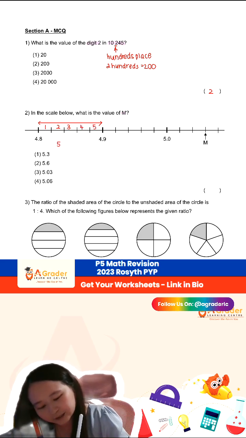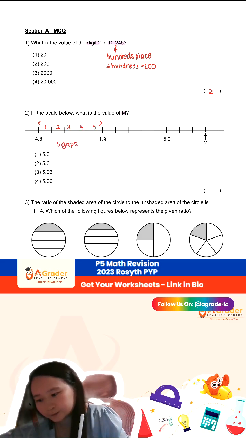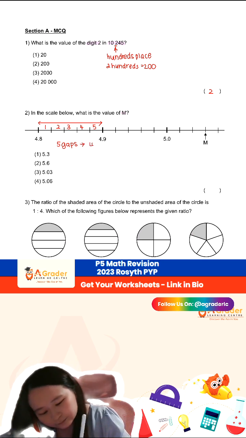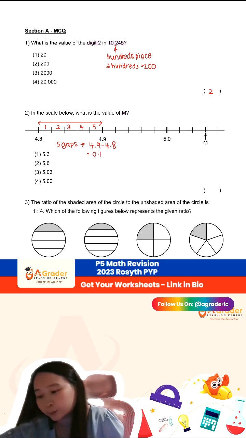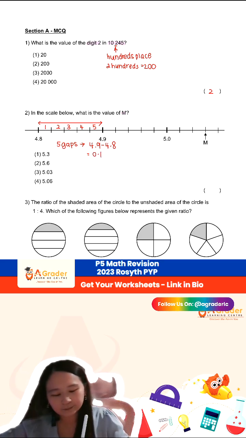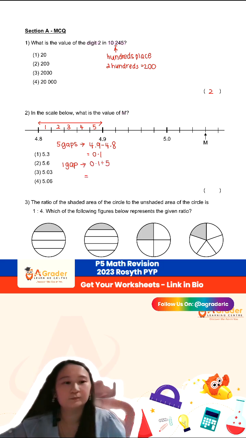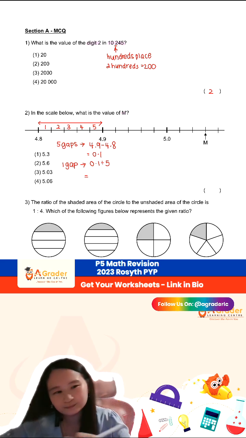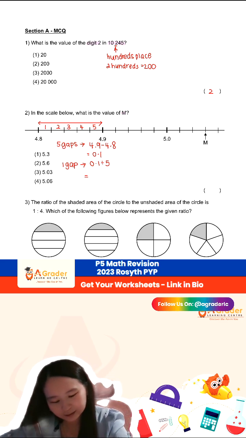So these 5 gaps represent 4.9 minus 4.8. So this gap represents 0.1. So we always find one gap first. So to find one gap, we have to divide by 5. Yep, 4 is the answer, but we work it out.